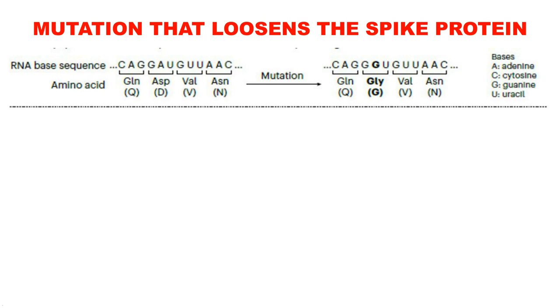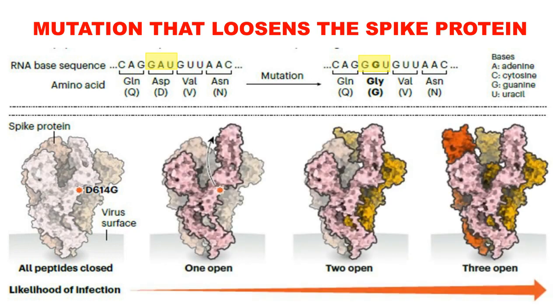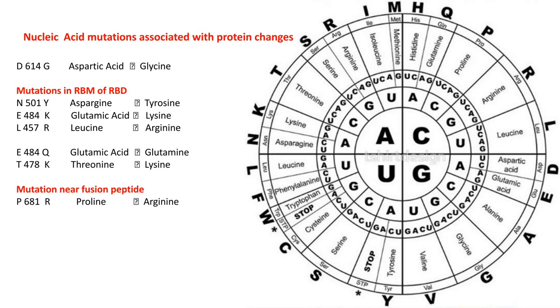And this mutation was the first mutation noticed in 2020, wherein the mutation was D614G, leading to opening up of one of the arms, and as a consequence, the infection spread. Subsequently, mutations in the RBD have been associated with various immune escape mechanisms and increase in virulence.